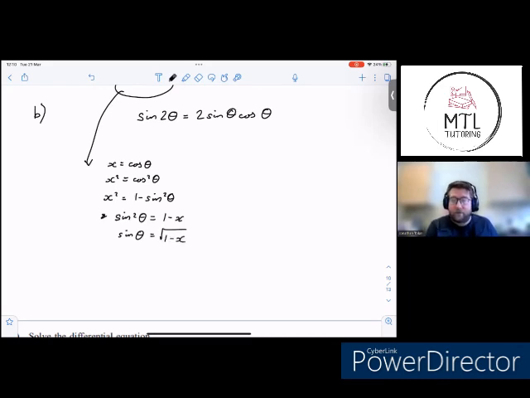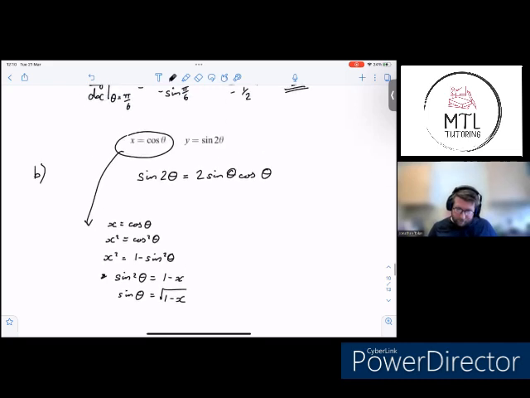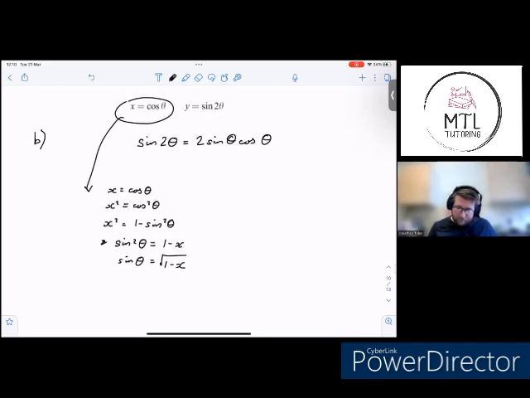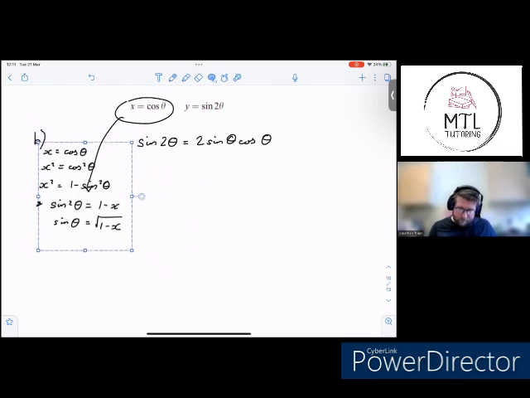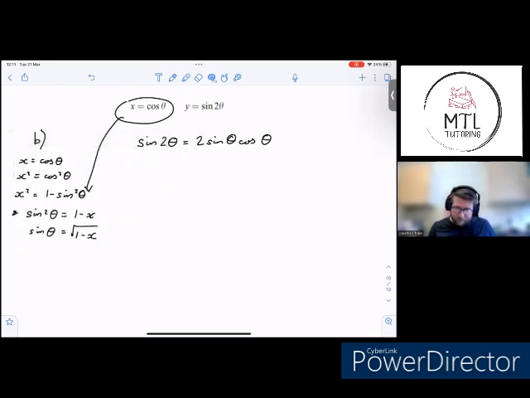So that's what we're going to use for sine theta. So now sine 2 theta is y. Sine theta is root 1 minus x squared. And cos theta is x.